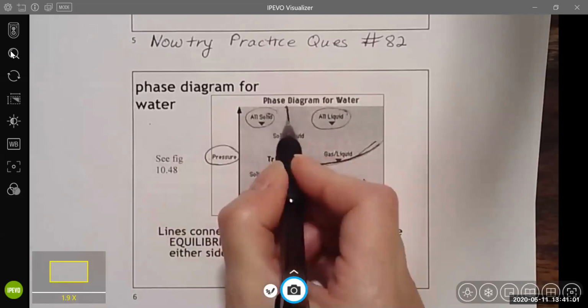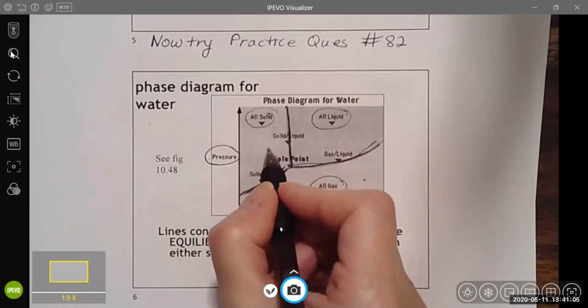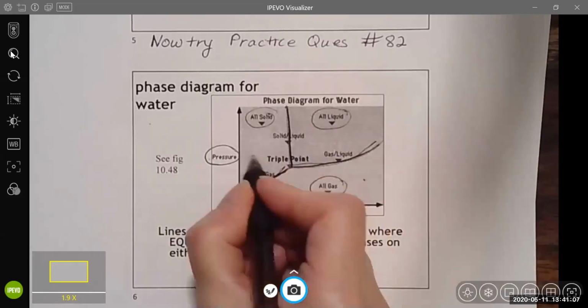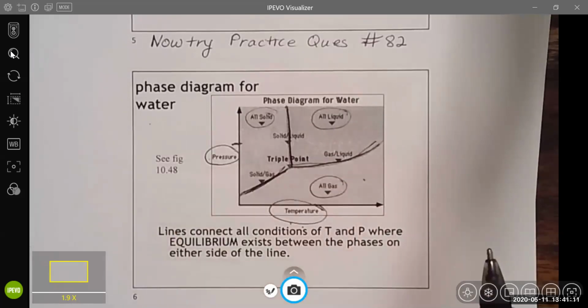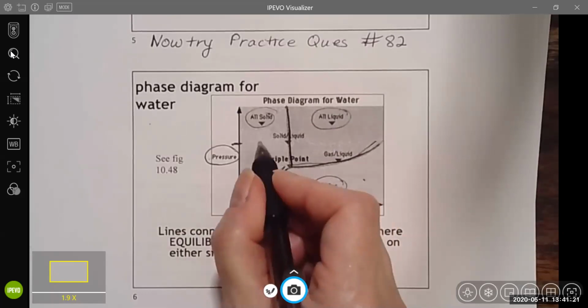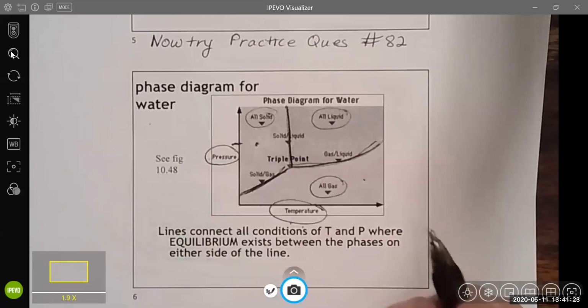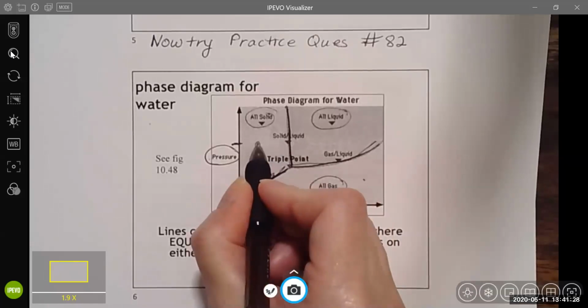So this is the solid to liquid phase change. Think about it this way: let's say we have a pressure right here, maybe 2 atmospheres, and I start out at this temperature, maybe negative 20 degrees. So I start right here, and that tells me I have a solid. What happens if I increase the temperature?